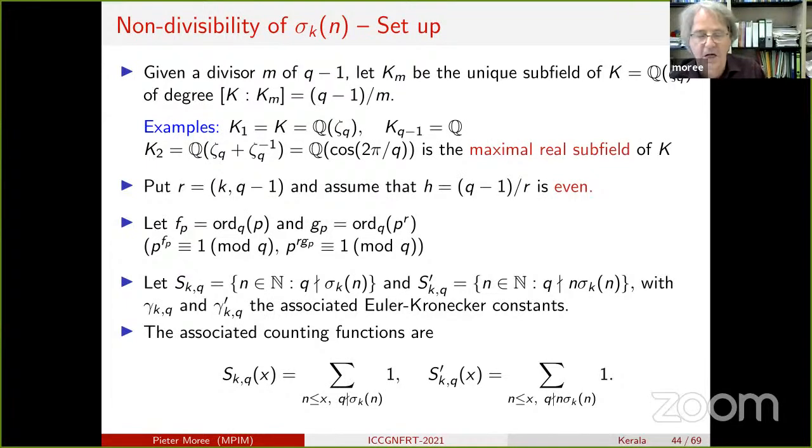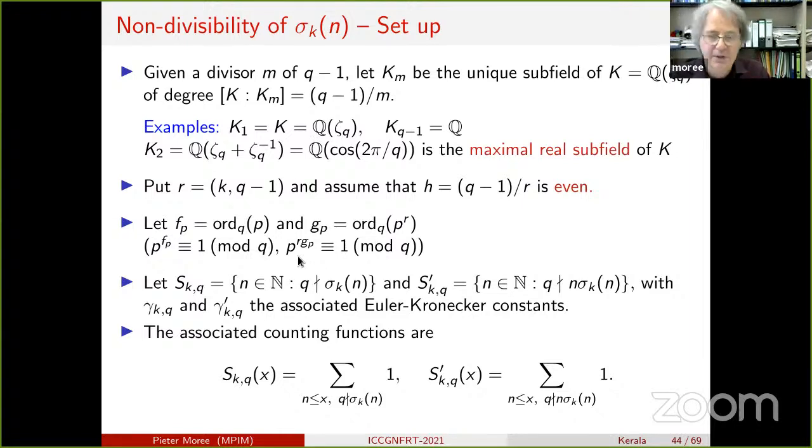Since the Galois group is cyclic, you have a unique subfield of degree q minus 1 over m for every divisor m of q minus 1. So these fields will play some role, and their Euler-Kronecker constants.